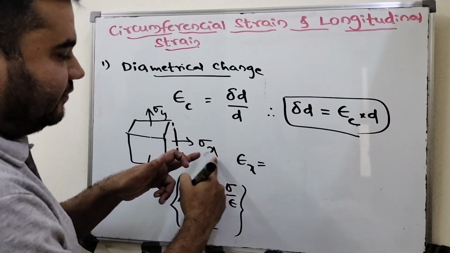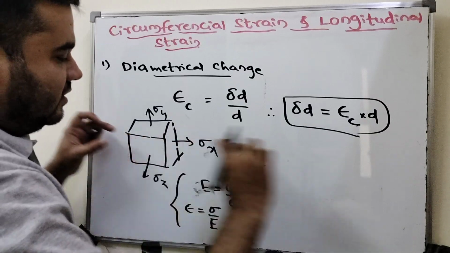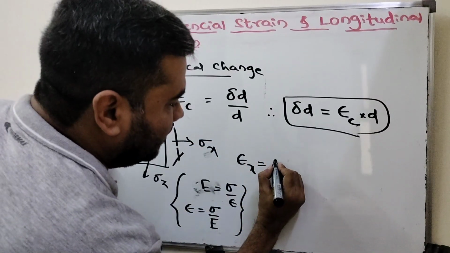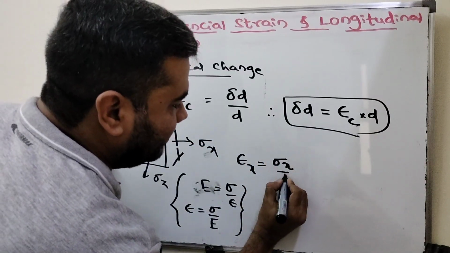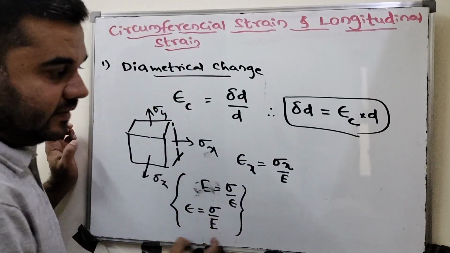Here, if you apply this for strain in the x direction, according to Hooke's law it is the stress in x direction divided by E. This is one term, right?